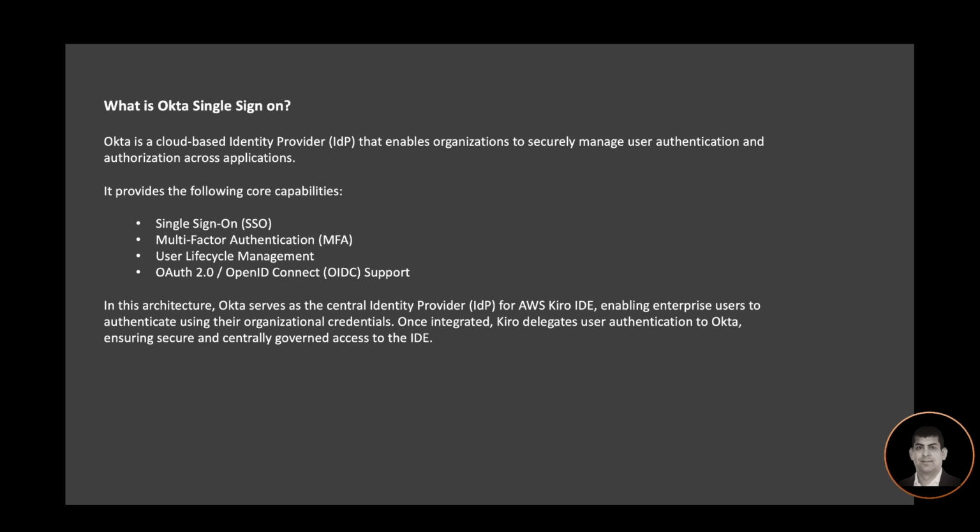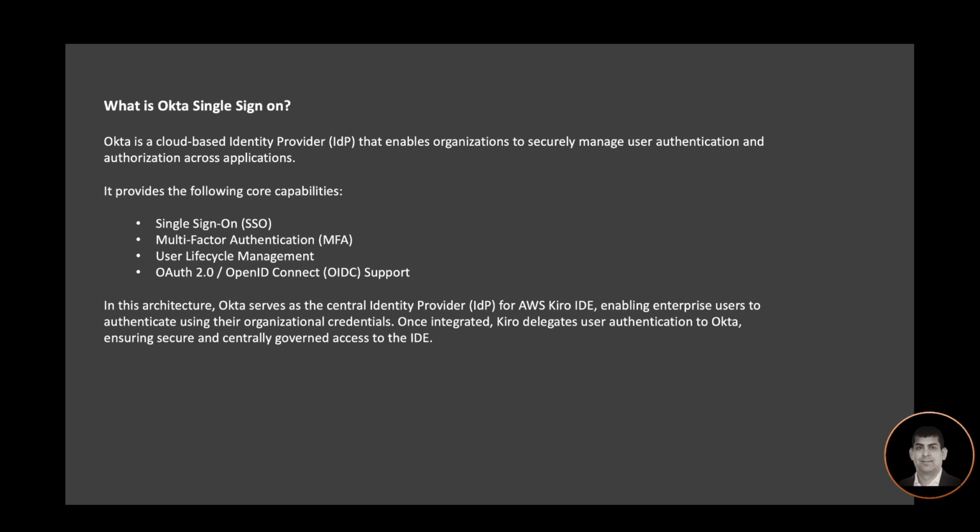Okta is a cloud-based identity provider that enables organizations to securely manage user authentication and authorization across applications. It provides the following core capabilities: single sign-on, multi-factor authentication, user lifecycle management, and protocols like OpenID Connect support.